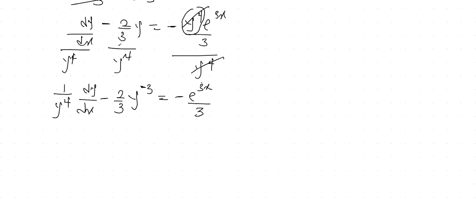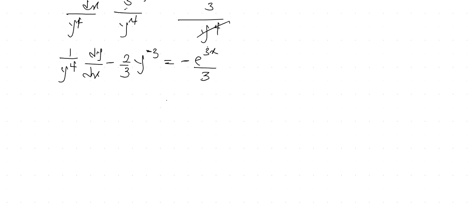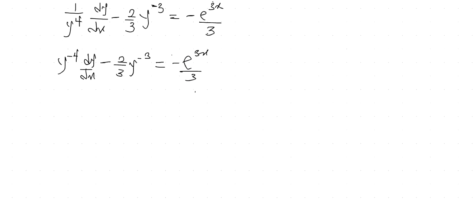At this point, we can say that y raised to the power of minus 4 dy/dx equals minus 2/3 y raised to the power of minus 3 equals e minus e raised to the power of 3x over 3. Now, let z be equal to y raised to the power of minus 3.